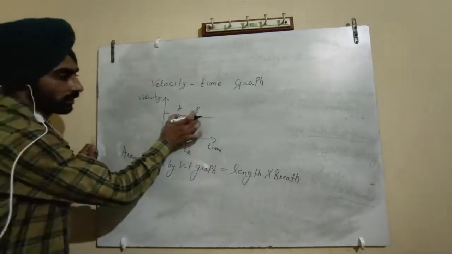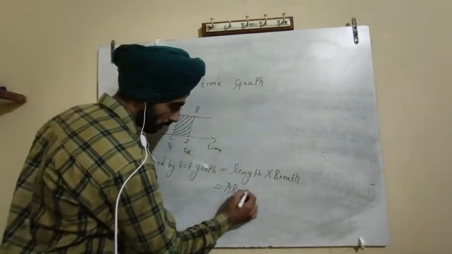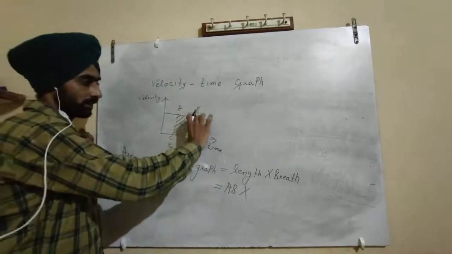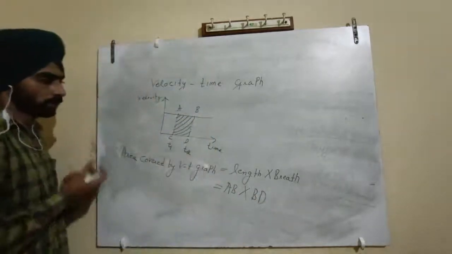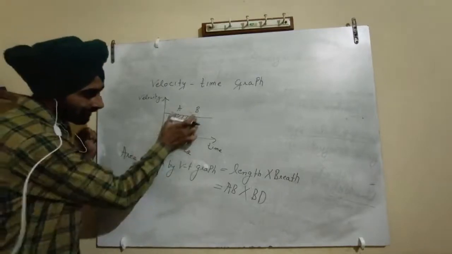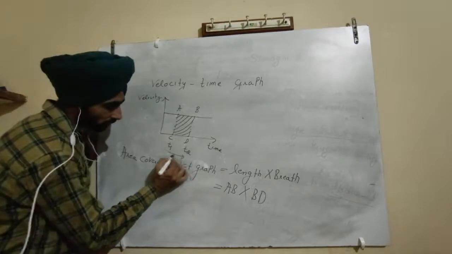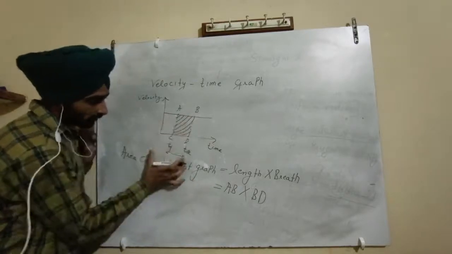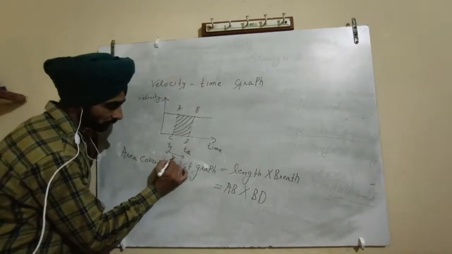What is the length? Length is AB. And what is breadth? Breadth is BD. So what is this AB? AB value will be T2 minus T1. You know this, because this is T2 minus T1.